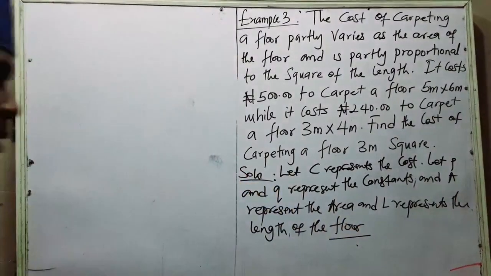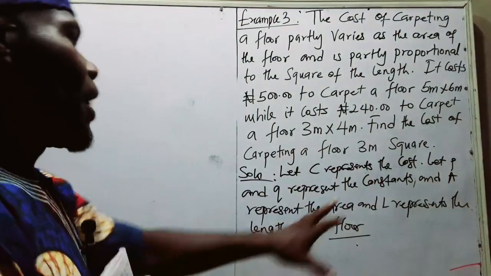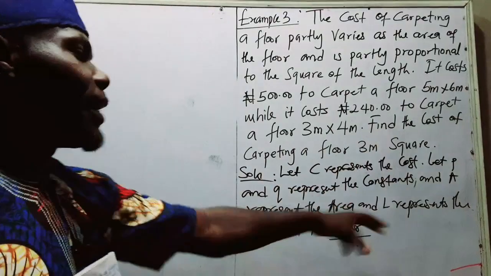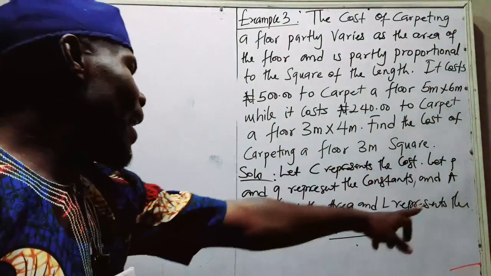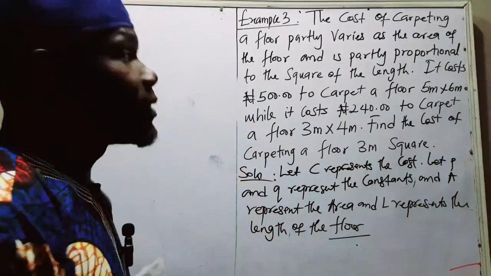So from the question, let C represent the cost, let P and Q represent the constants, A represent the area, and L represent the length of the floor.